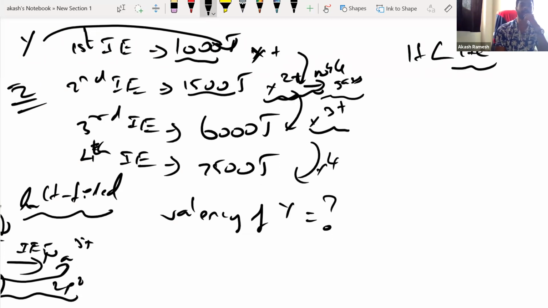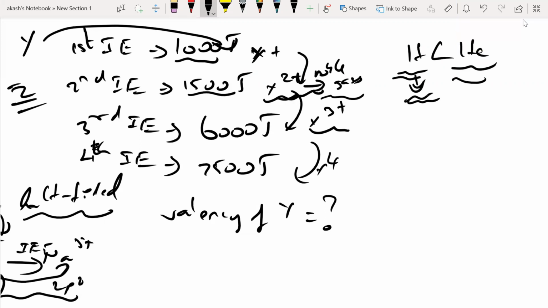But whether after helium is it going to be hydrogen in the periodic table? Let me confirm. I'll look into it. Actually, it makes sense, but I don't think that's the answer. If hydrogen is not the second highest after helium, I have to give you a proper explanation why. I will look into this. Okay, but I don't think. Sir, but it would be relatively easier to remove an electron from hydrogen, right? Compared to helium.